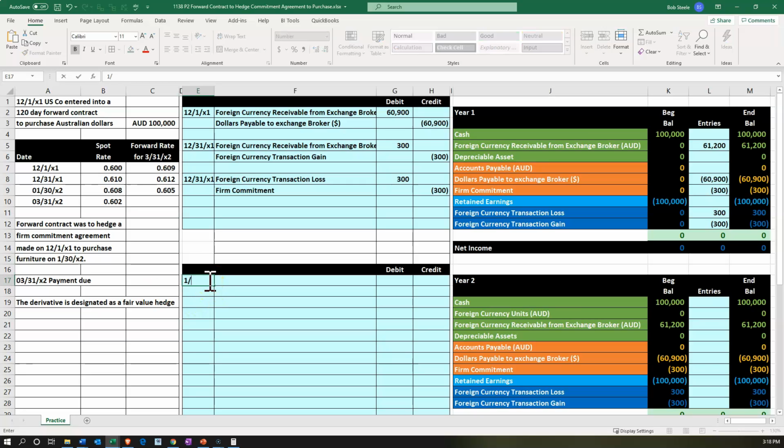So as of 1/30/X2, we've got that information, but I'm first going to revalue the receivable as of that point in time, and we'll do the same kind of little transaction that we did up top. We'll take that into consideration when we calculate and put on the books the actual depreciable asset that we are purchasing. So this will make more sense in a second here.